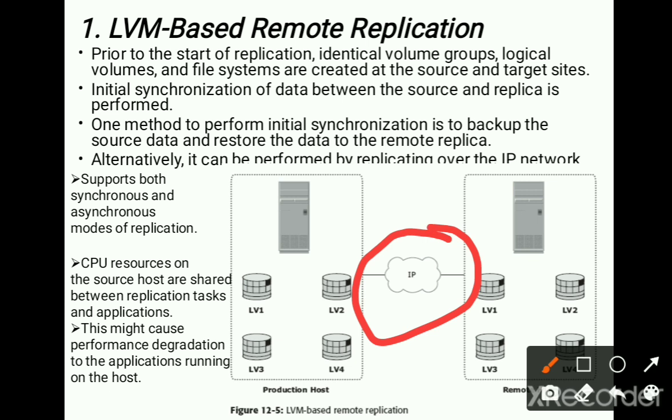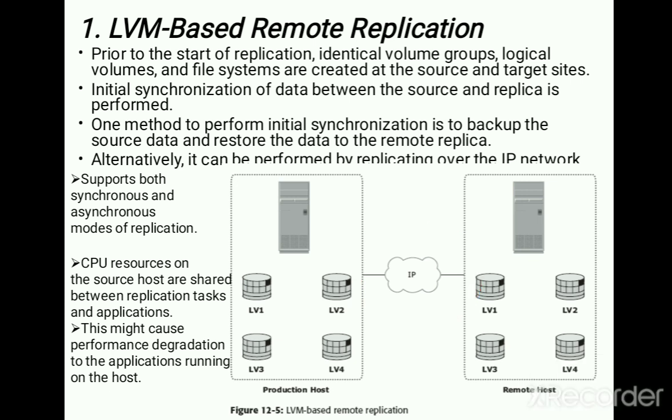In this one, the CPU resources on the source host are shared between the replication task and the applications. But the problem with this is that it degrades the performance, because it has to run the applications on the host. Okay, so this is one of the drawbacks of the logical volume manager.